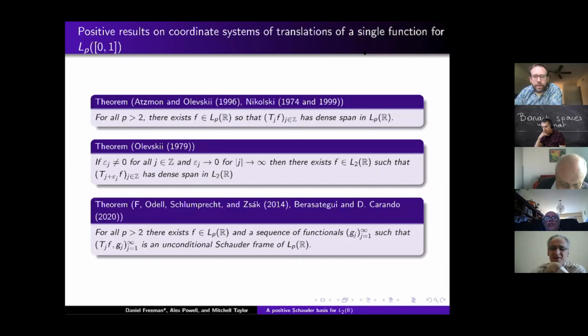Okay. The question is that you're constructing a basis whose elements lie in the positive cone of L2 of functions. So the question is, what properties of the positive cone are essential here?